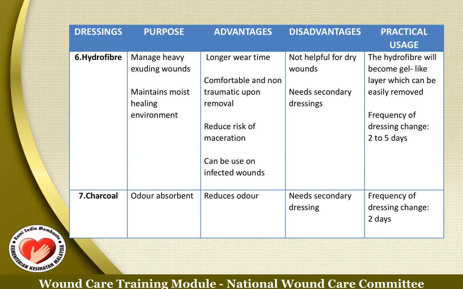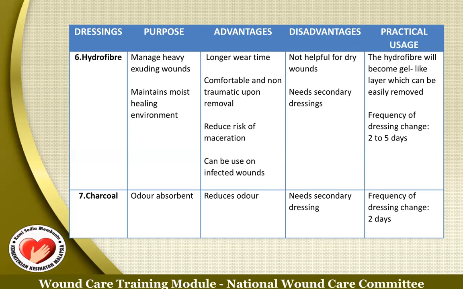Hydrofiber manages heavily exudating wounds. It maintains a moist healing environment, has longer wear time, is comfortable, and gives non-traumatic removal without tearing. It reduces risk of maceration, can be used in infected wounds, is not helpful for dry wounds, and needs a secondary dressing.